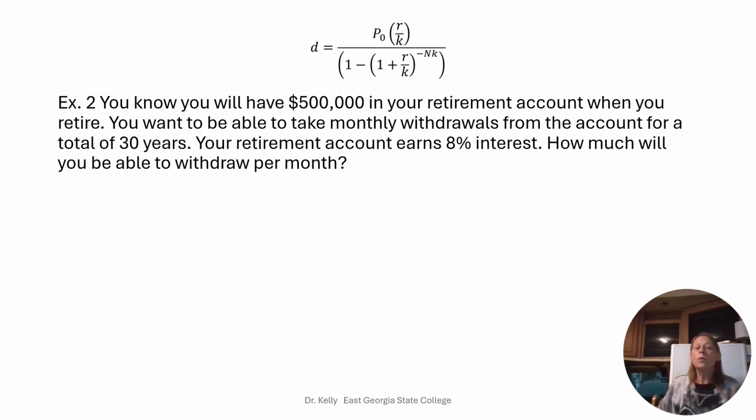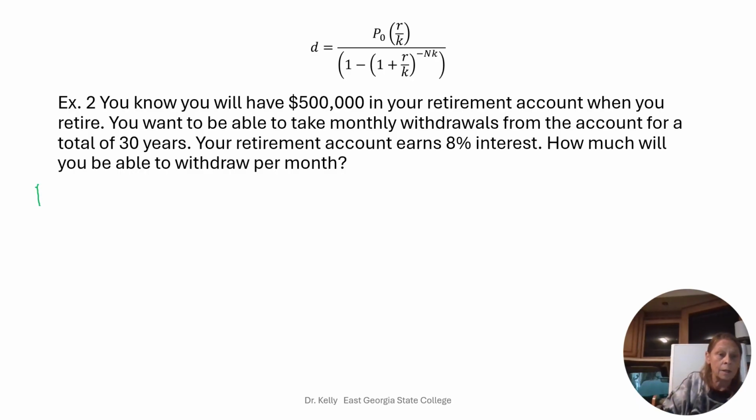Okay, you know you'll have $500,000 in your retirement account when you retire, and you want to be able to take monthly withdrawals from the account for 30 years, and your retirement account is earning 8% interest. How much are your payments going to be? We all want to know. Let's write this out and see what we got here.